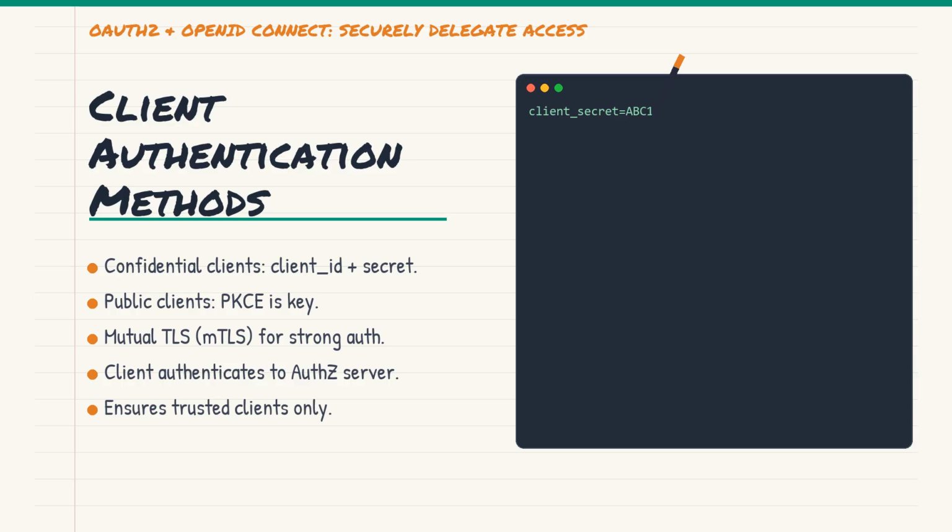For public clients, mobile apps, SPAs, that cannot securely store secrets, PKCE is used to secure the authorization code grant flow. Increasingly, mutual TLS, mTLS, is also being used, where both the client and server present certificates to authenticate each other. This is a very strong form of client authentication, often seen in machine-to-machine scenarios or very security-sensitive environments.